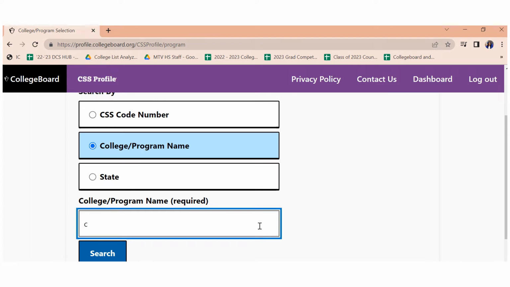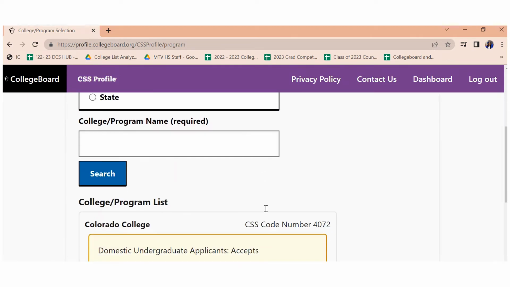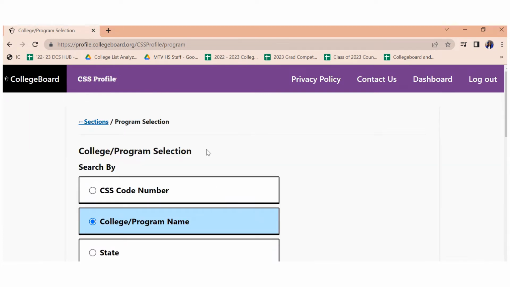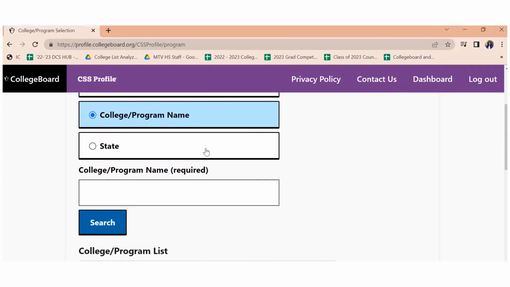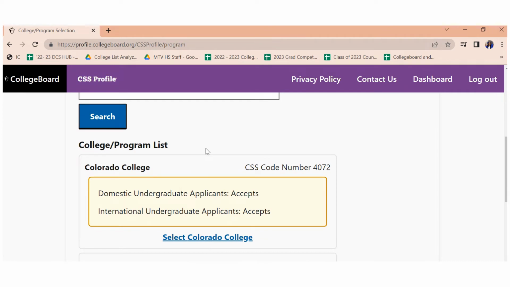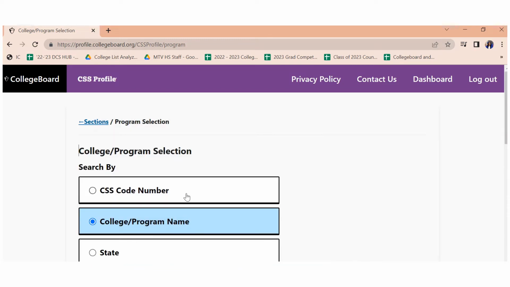I'm going to type in Colorado and just click search. And scroll down, and there's Colorado College. And we will add that as one of the schools. And then I will type in Denver and search.